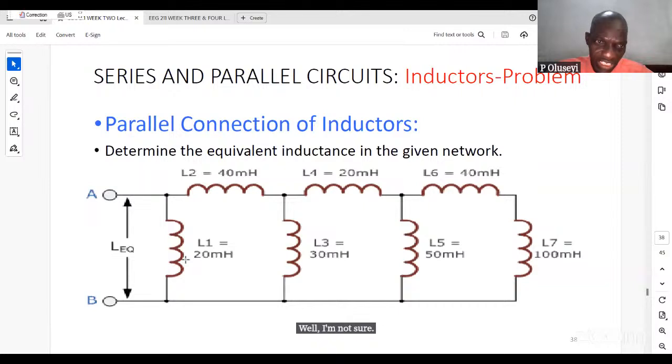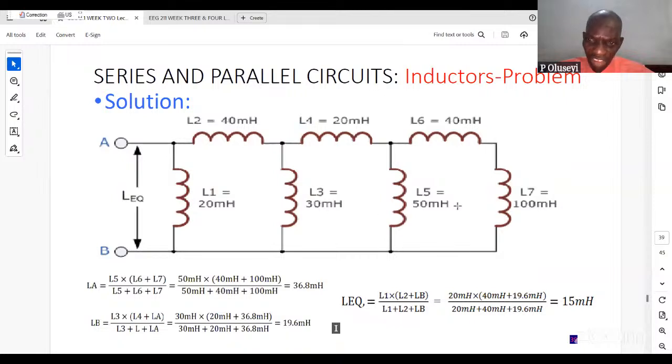The L1 cannot be in series in the sense that he got a parallel after resolving L3. It's only L2 and what he got after adding L3 that can be in series. Then they will now be in parallel to L1. I worked it here. This is the answer which they all got anyway.